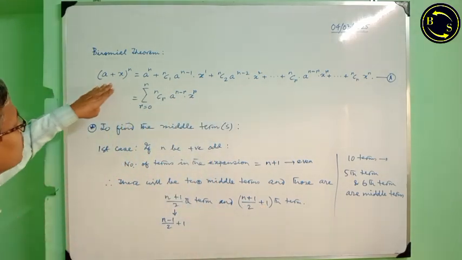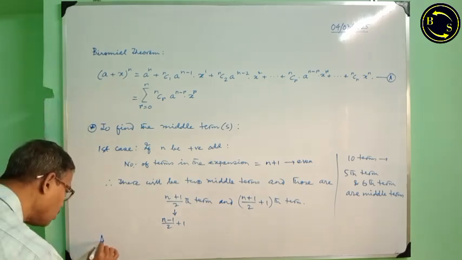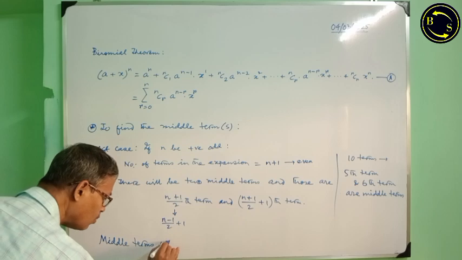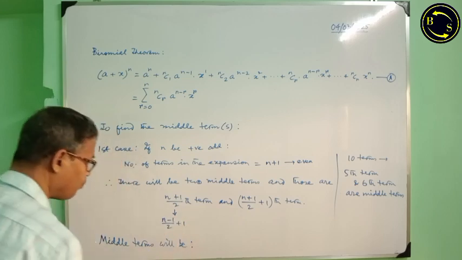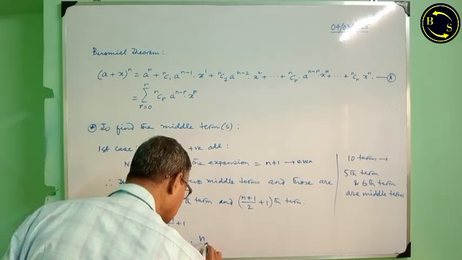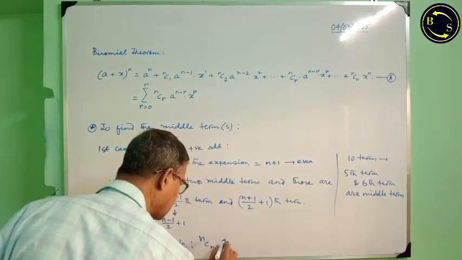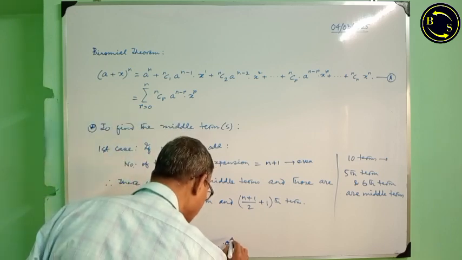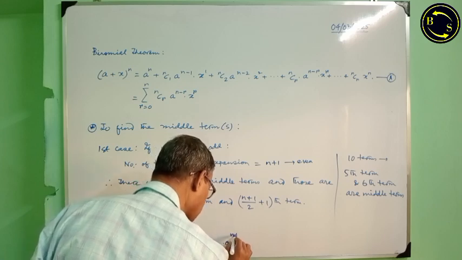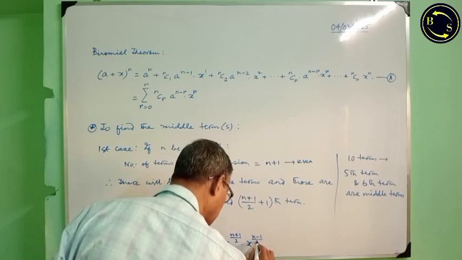Then, considering (a plus x) whole to the power n, middle terms will be in nCr, here r is this one, nC(n minus 1)/2 into a to the power n minus (n minus 1)/2, that means (n plus 1)/2, into x to the power (n minus 1)/2.